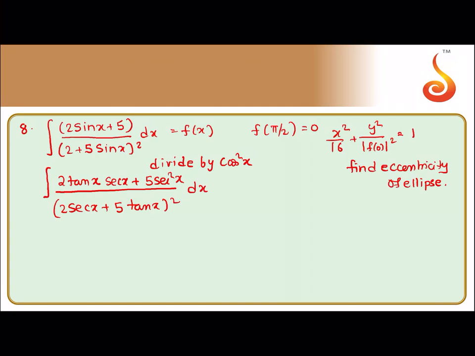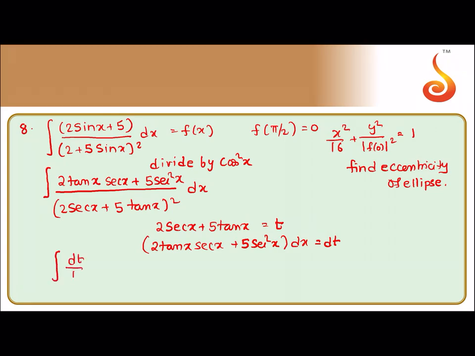So this is the way they ask. By just observing it, if you try to put in the half angle and all, it won't work out. So this is the easiest way. Now the denominator quantity 2 secant x plus 5 tan x is equal to t. So we get (2 tan x secant x plus 5 secant square x) dx is equal to dt.